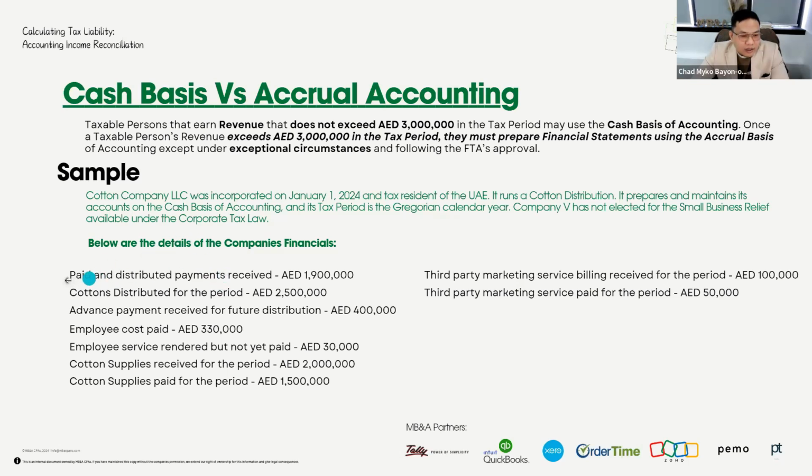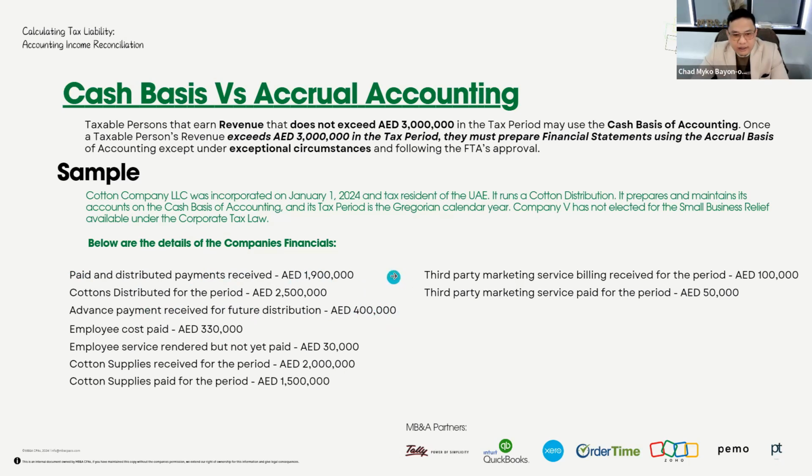So the cash collection that we have is actually 1,900,000, and then advance payment that we have received 400,000. So here, the revenue that will be recognized under cash basis accounting would be 2.3 million. Now, question.